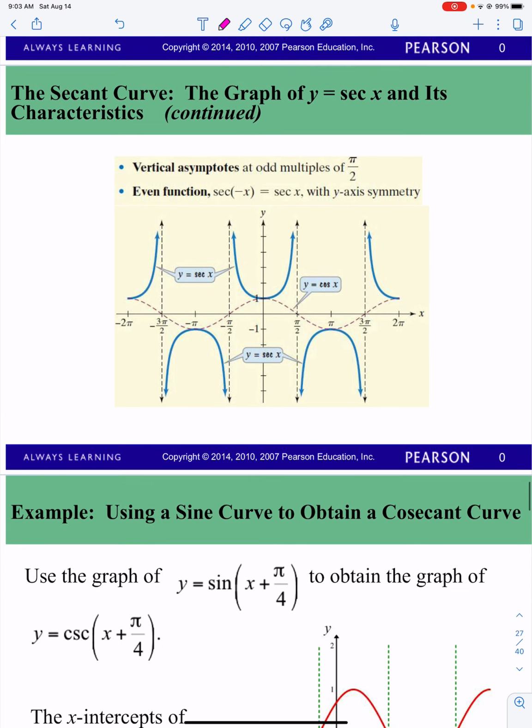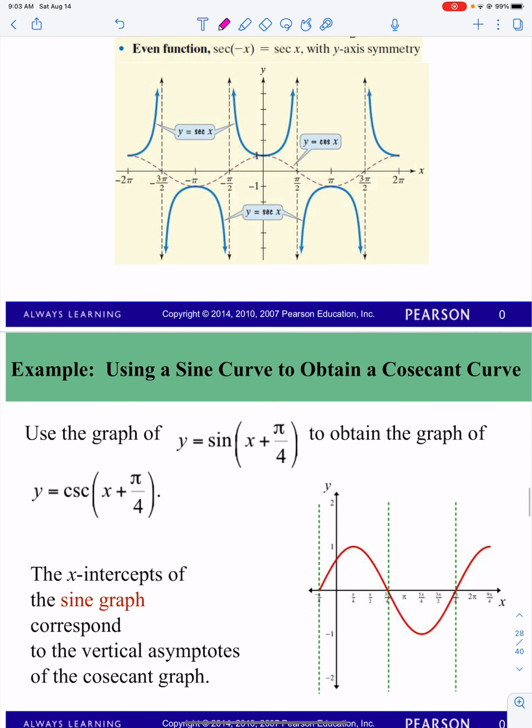Okay, so how could you draw the cosecant curve? First, draw the sine, and after you draw the sine, what does this plus pi over 4 mean? Left pi over 4. Are you with me? This is sine shifted left pi over 4. After you finish this, what will you do? Put U's on top.